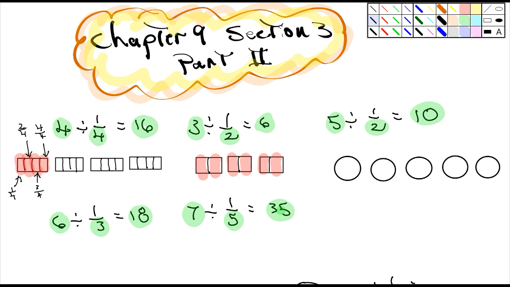Each pizza we divide in half. So there's a half, there's a half, there's a half, there's a half, there's a half. So how many halves do we have? Well, let's count. 1, 2, 3, 4, 5, 6, 7, 8, 9, 10. Look at that. It matches. 5 times 2 is 10.